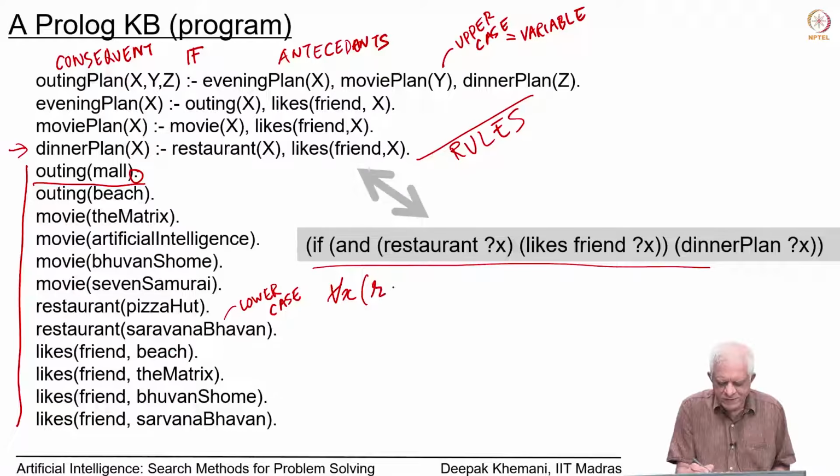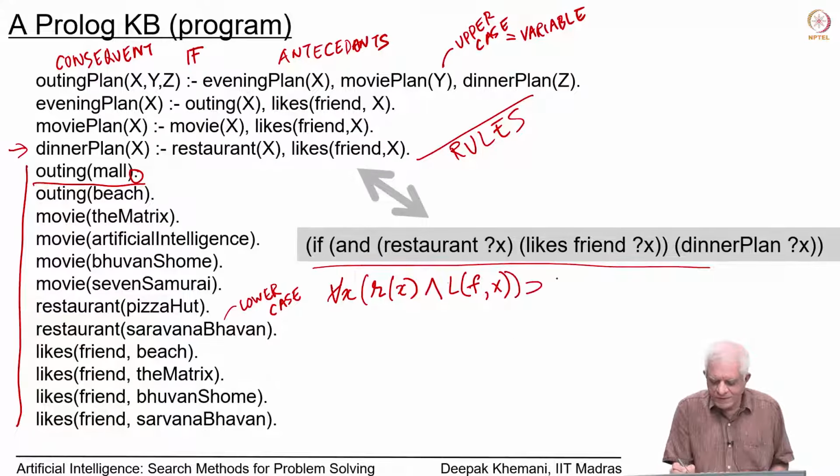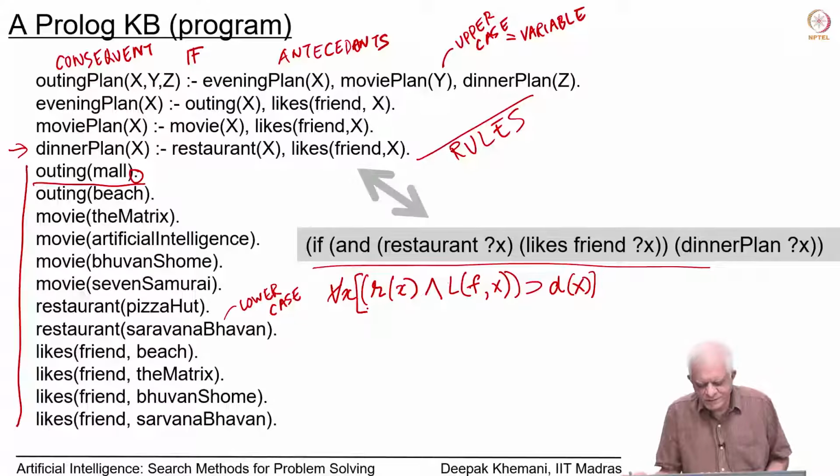Let me just use R for restaurant, L for likes, F for friend and X for the variable, implies dinner plan X. Remember, in first order logic variables we had some conventions that x, y, z are variables and things like that, and of course, in this case it is a quantified variable.